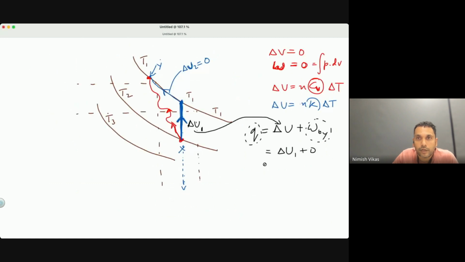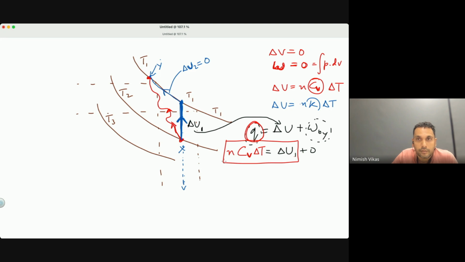What is the all-time valid formula? It is n into C of the process, and I've deliberately chosen an isochoric process, so n CV into change of temperature. Using this all-time formula, I get this. Is that clear? That delta U is equal to that.